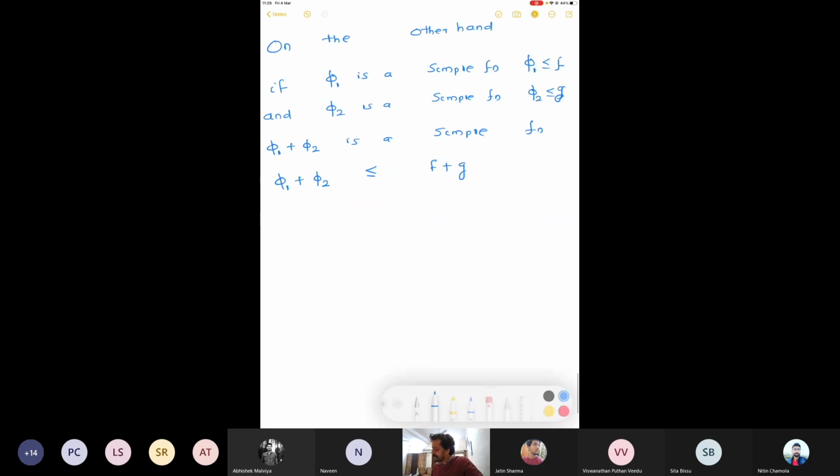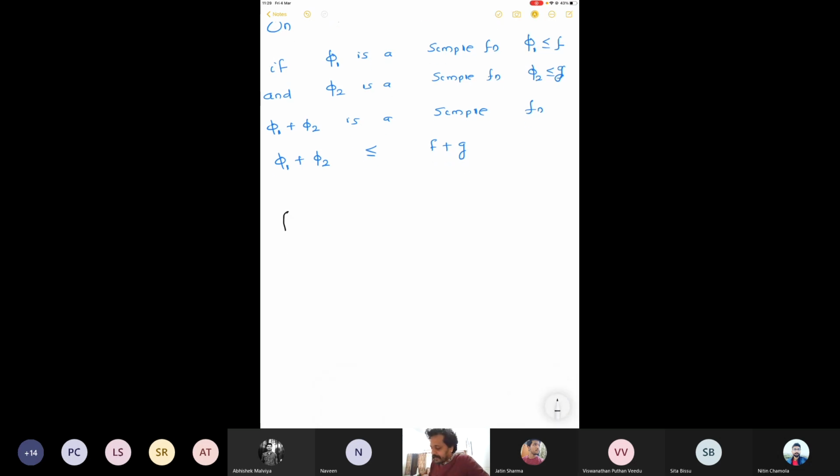So now instead of integrating f plus g, which I don't know, I will integrate phi1 plus phi2. So the integral over e of phi1 plus phi2 dm and the integral over e of f plus g dm.